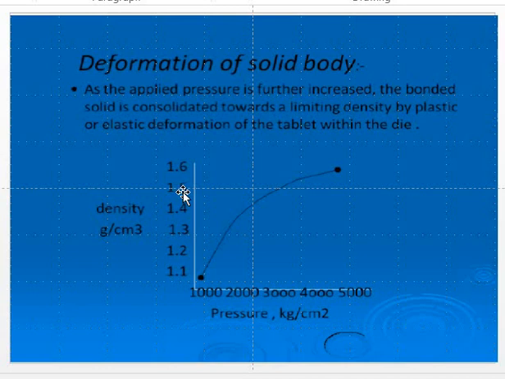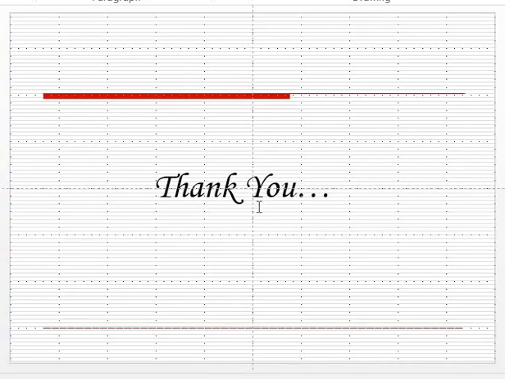As gas is added, the density loosens; as gas is eliminated, the density increases. So as pressure is applied, the material gets higher density. We can plot a graph showing that at a particular pressure we have a particular type of dense material. This is about your compression. Thank you.